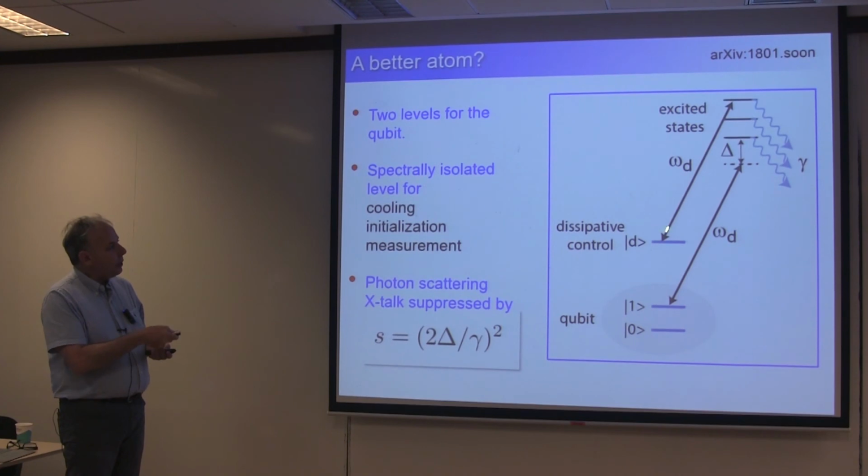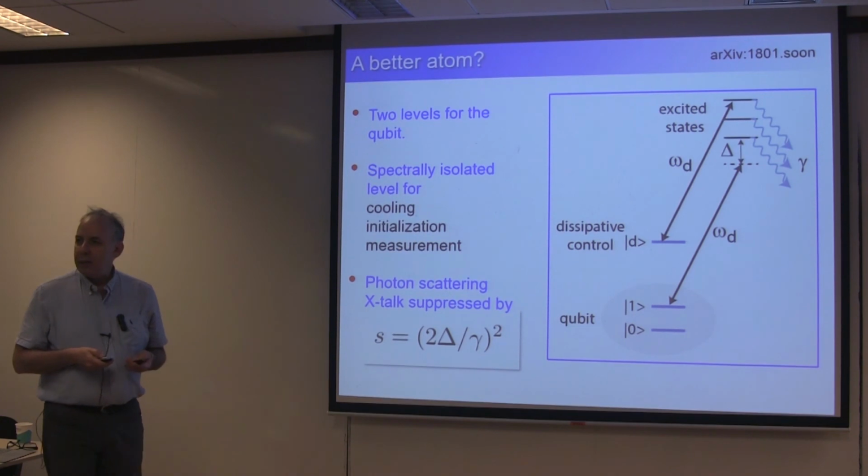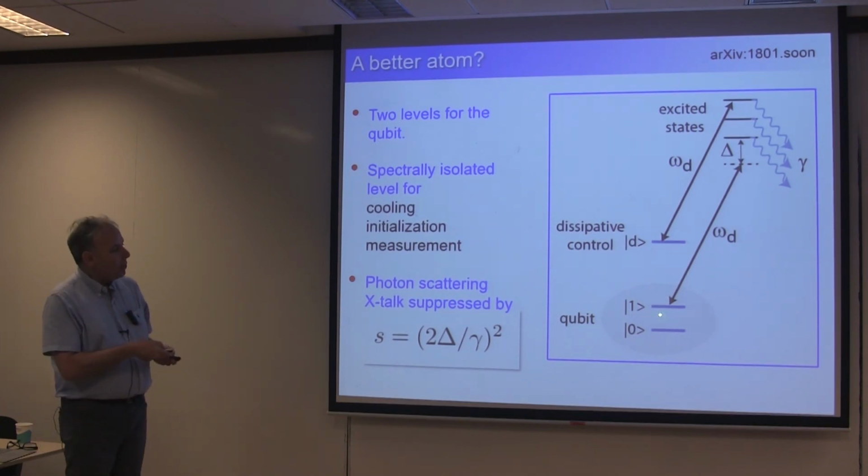If the frequency of the light that couples this level up here is spectrally detuned from all transitions out of the qubit states, then I have an effective isolation of my qubit levels. And if I can go coherently back and forth here, then I can have a protected qubit here and use this transition for my dissipative control.